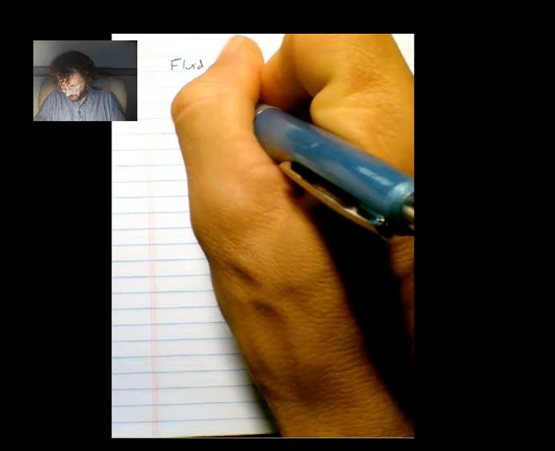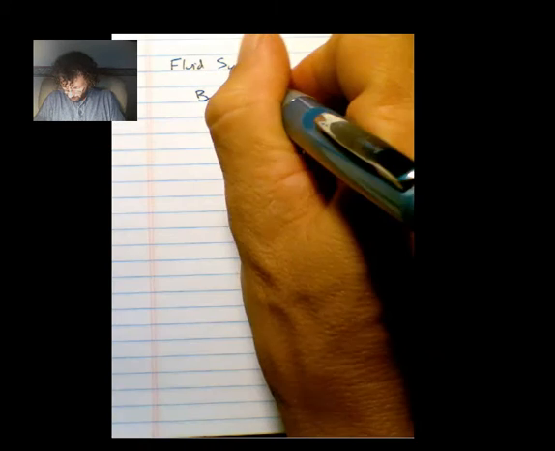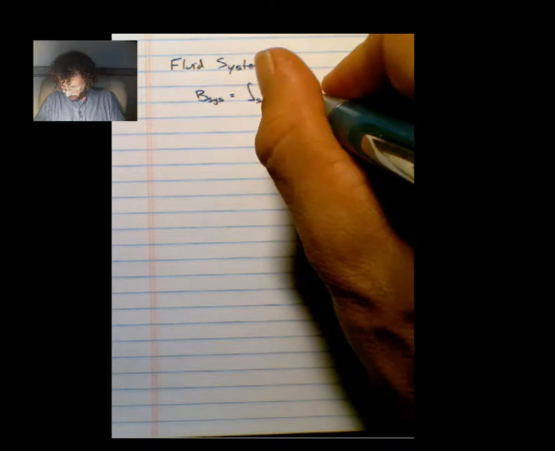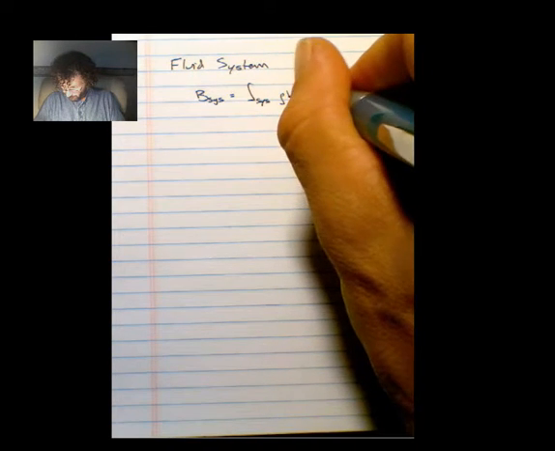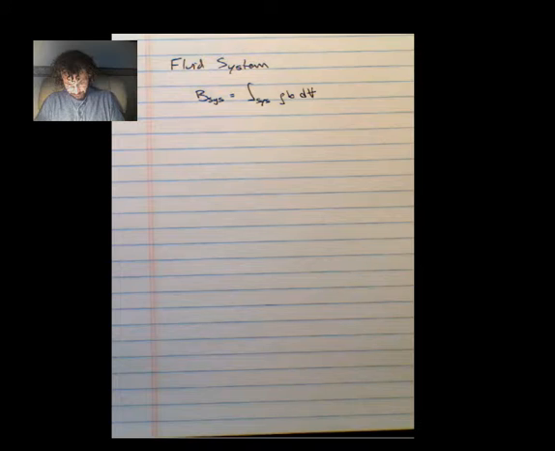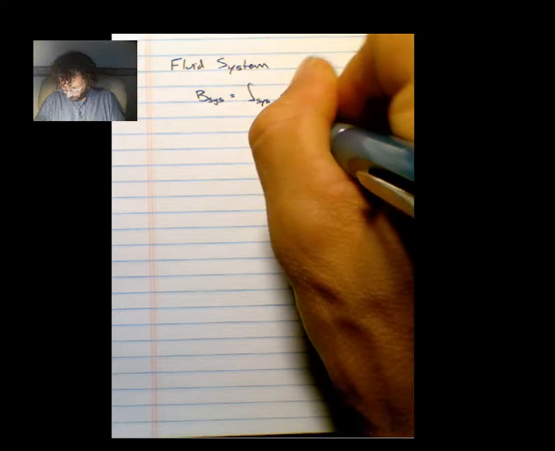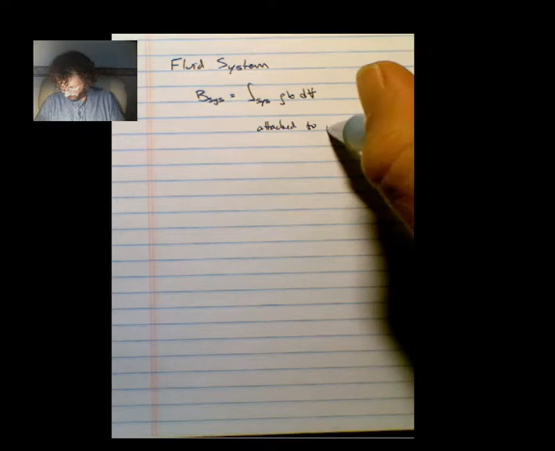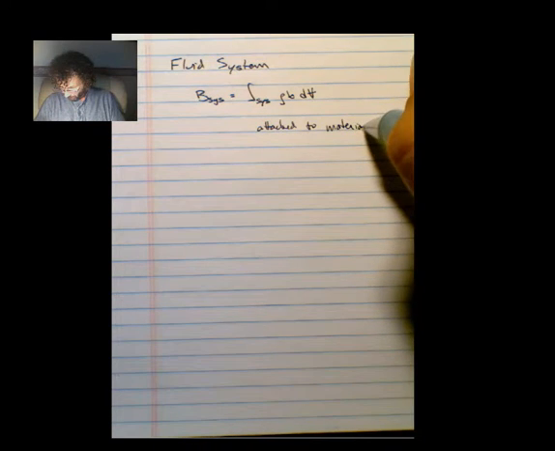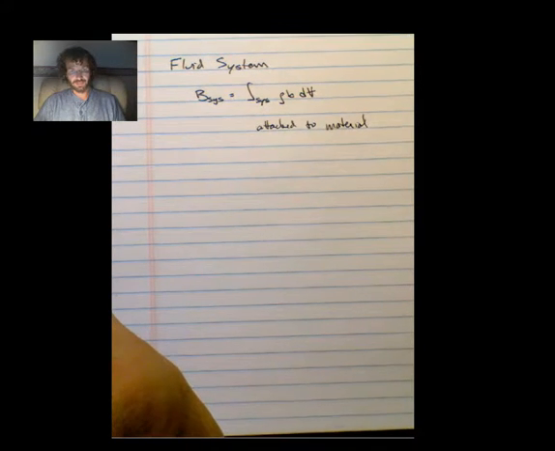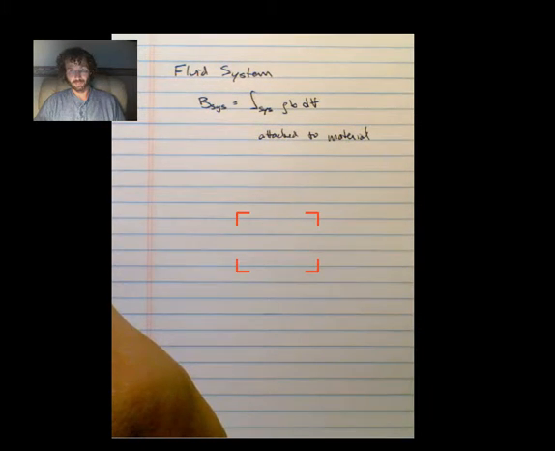And big B of this system would be integration over the system volume of rho b dV. So this is attached to material, particular pieces of matter that are in fluid form.